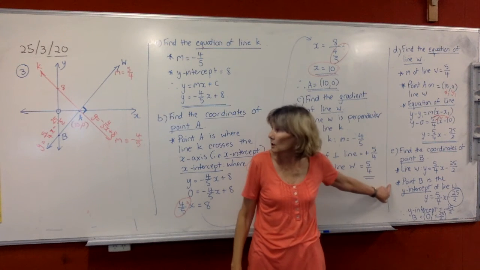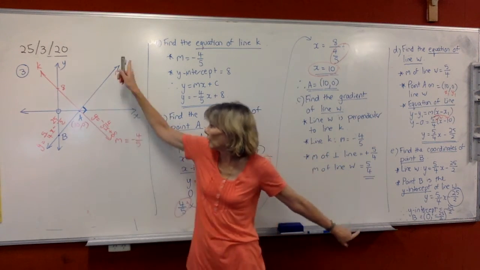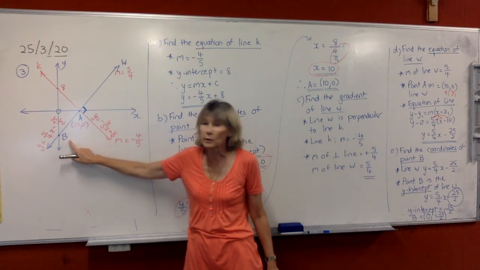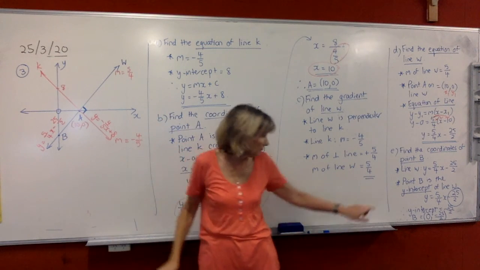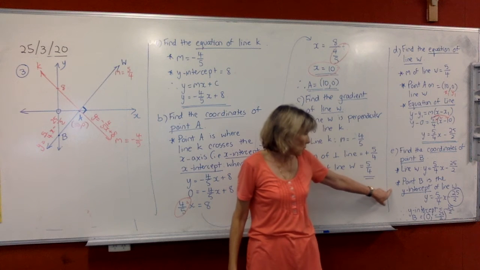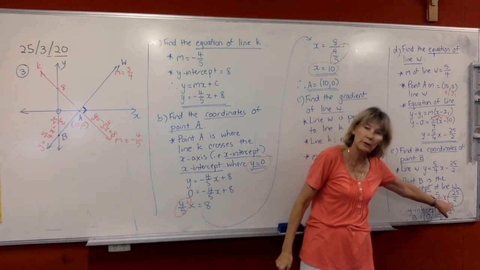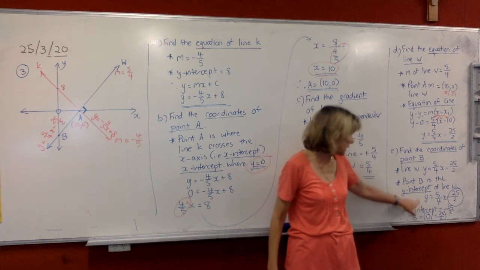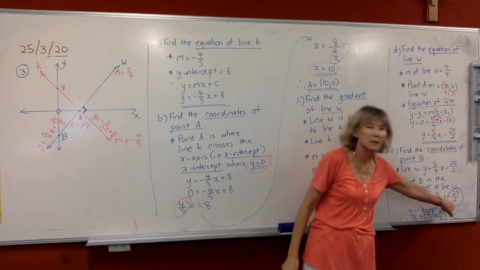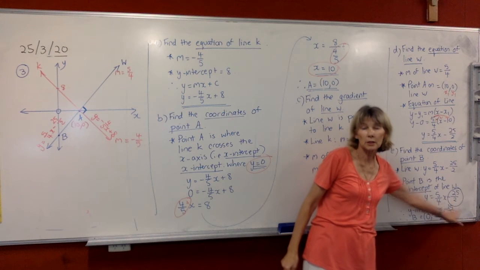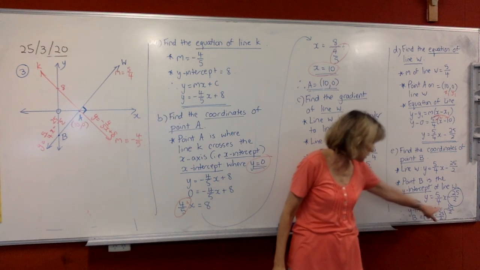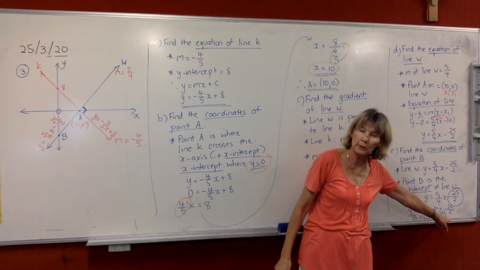Point B is the y-intercept of line W. So all we're going to do is find the y-intercept of this line. You can get the y-intercept straight from here, because it's already in y equals mx plus c. This is your c, this is your y-intercept. So you can write that straight down, minus 25 over 2.